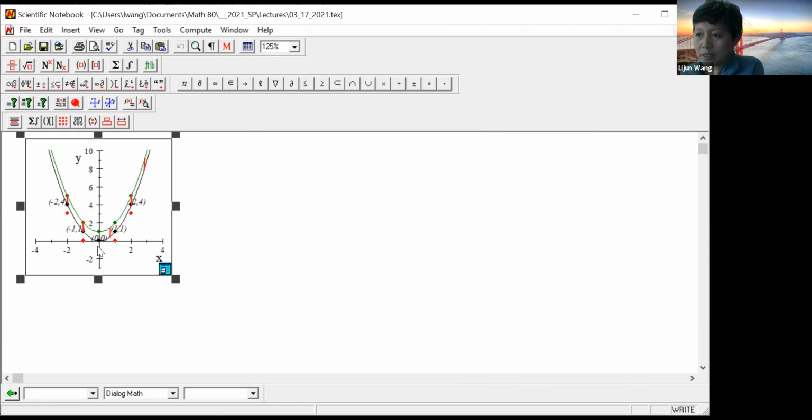You can see when we work on the H, the dots are shifted down by 1 unit. Let me clear it all.